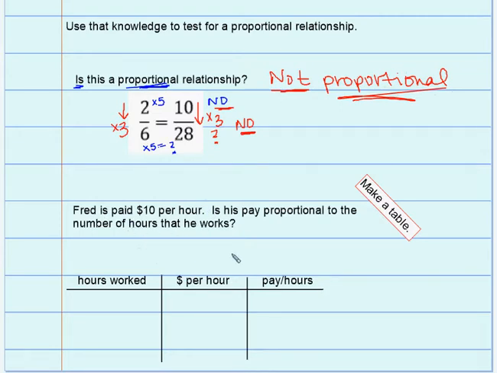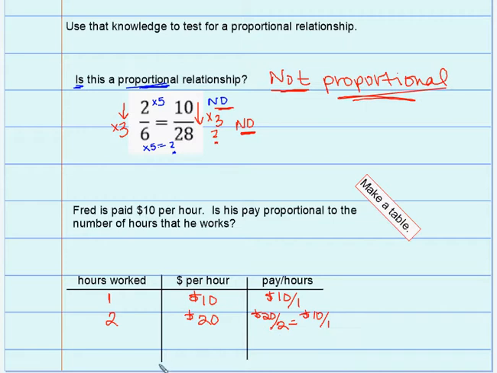Down below we have a story problem here. Fred is paid $10 per hour. Is his pay proportional to the number of hours that he works? And so we can make a table. If he works 1 hour, he would make $10, and his pay per hour would be the ratio 10 to 1. If he works 2 hours, he would get twice as much, $20, and his pay would be 20 over 2, which would equal 10 to 1.